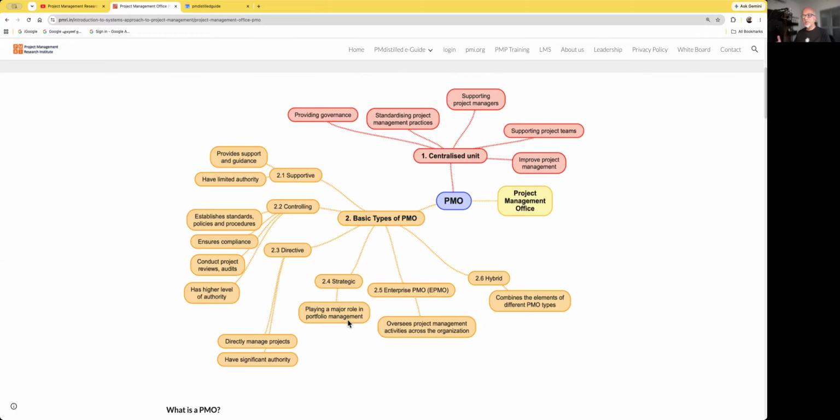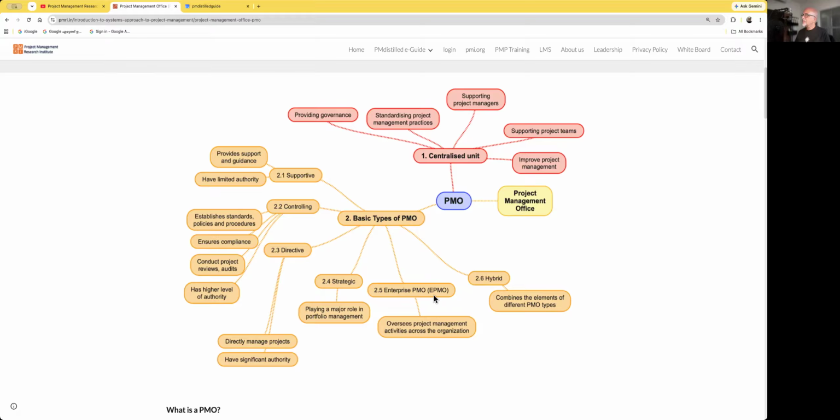It's all about the business goals, strategies, and associated projects, programs and other work, how to manage them, the portfolio dashboards, evaluation. So for all these things, the strategic PMOs support the top management.